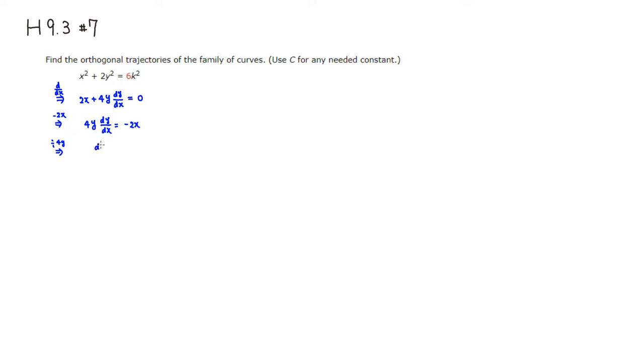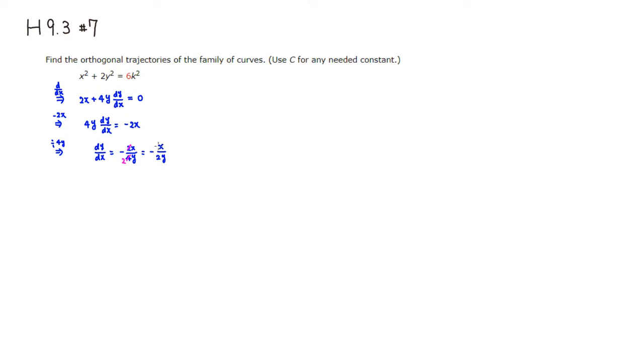So we have dy over dx is equal to negative 2x over 4y. Then we can cancel 2 and 4, so there's a 2 left over. So we have negative x over 2y.